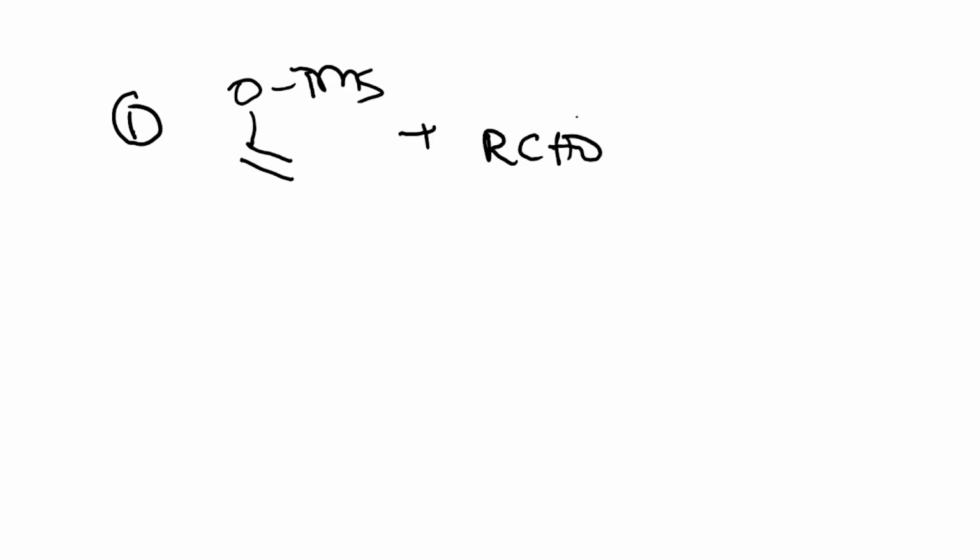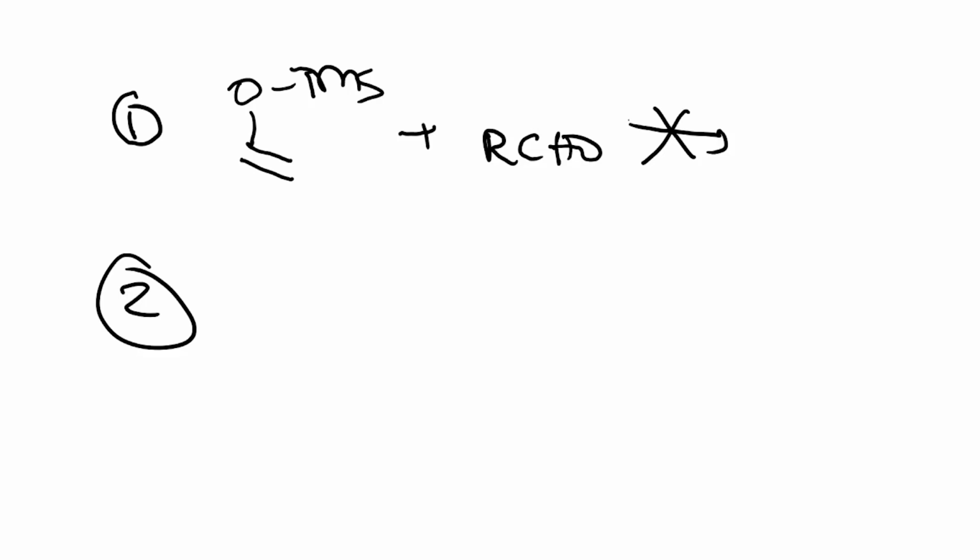Okay, so the first one is that if we just add the enol and aldehyde, there's no reaction. Okay, so without the Lewis acid, there is no reaction. The enol is extremely stable, and the carbonyl group here is not that reactive for it to react.